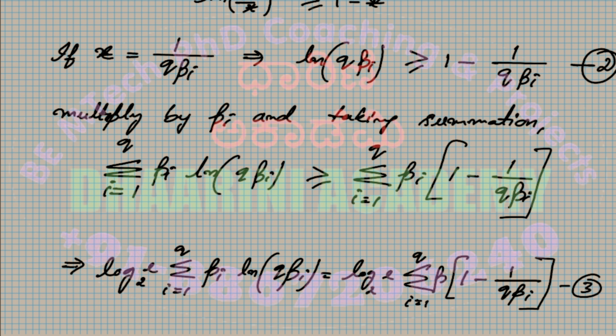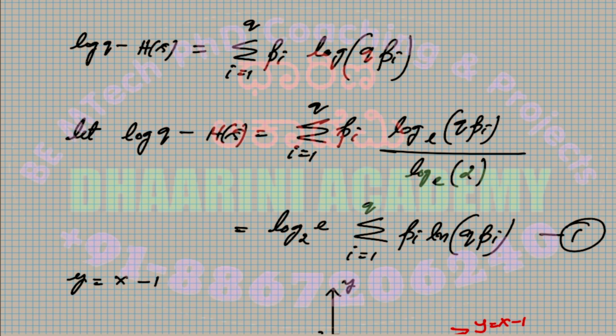All right, so the last step is that I'll try to compare this with equation number 1, because log q minus h of s should always be greater than 0. That's what we understand from equation number 1, correct?